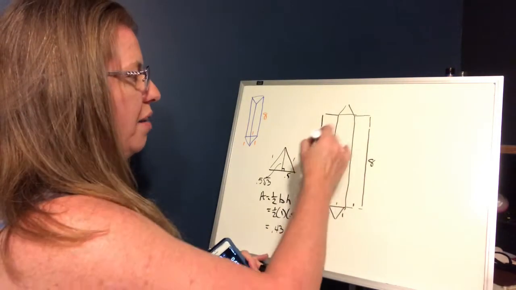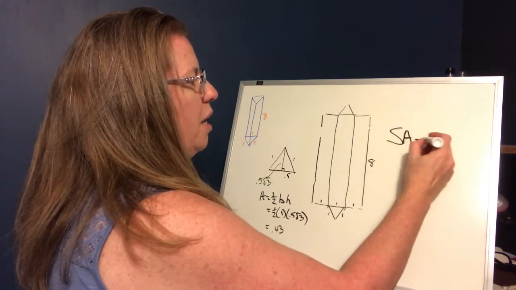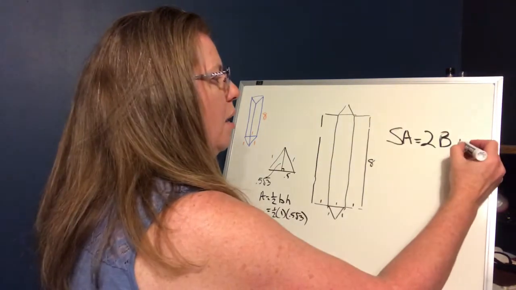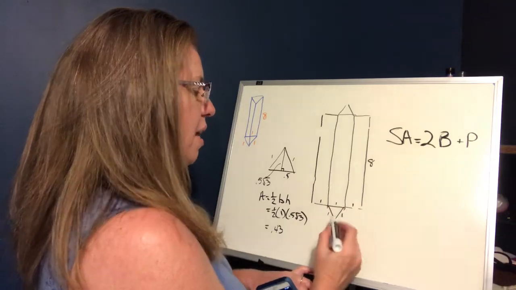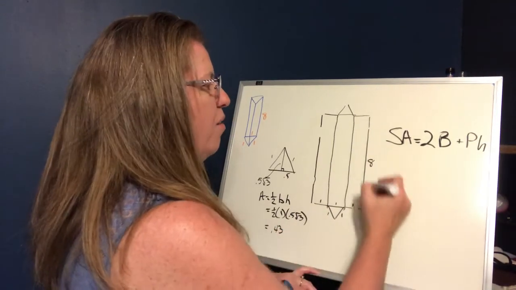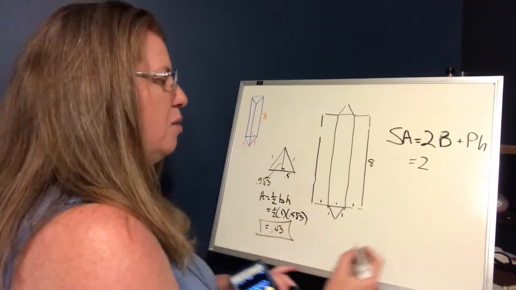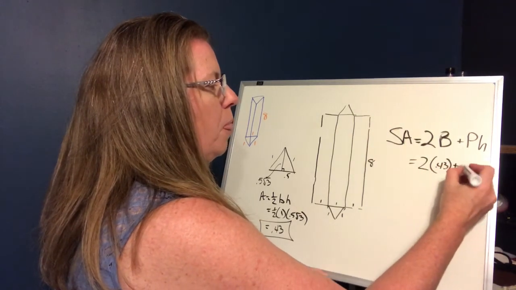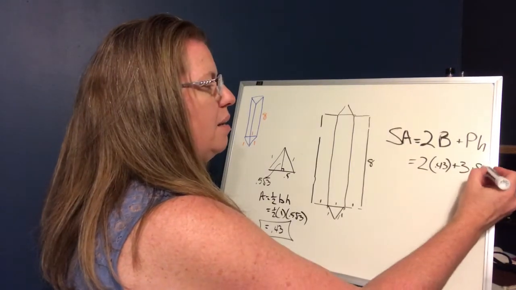Okay, and again, you can add them all separately. Let's look at our formula. Remember, the surface area is 2 times the area of the base, that big old B, plus the perimeter of my base, in this case it's just 1 plus 1 plus 1, times the height of my figure. So we have found out the area of the base is 0.43, so it's going to be 2 times 0.43. The perimeter of my base is 3, times my height, 8.